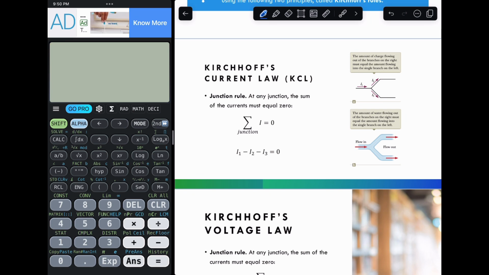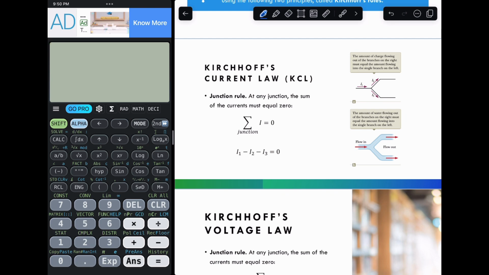In writing the equation, we follow Kirchhoff's law: anything that is entering a point, or a junction, is considered positive, and anything that is leaving the junction is considered negative.